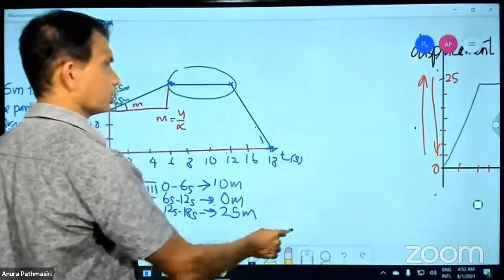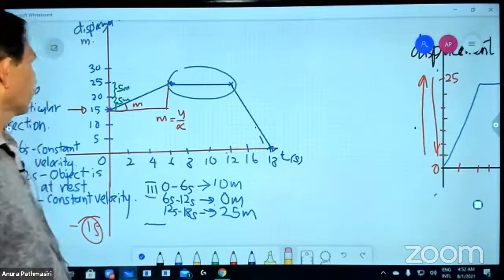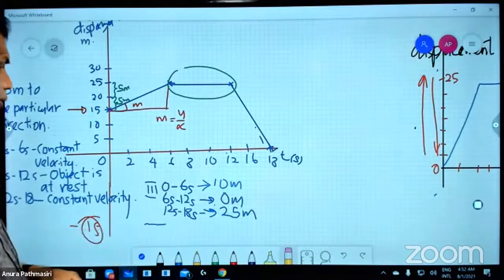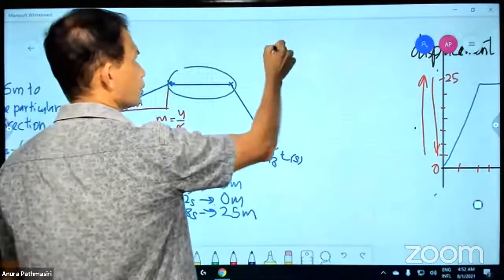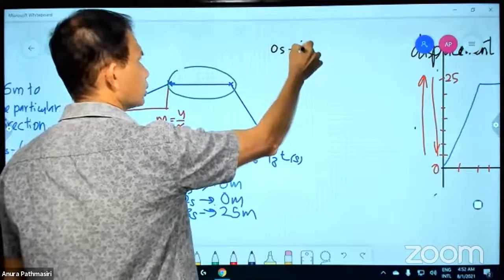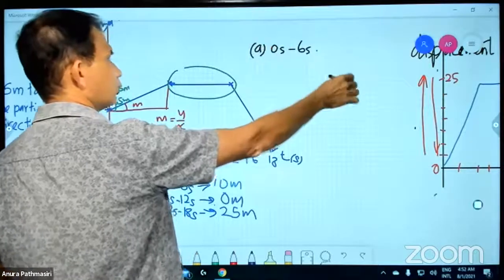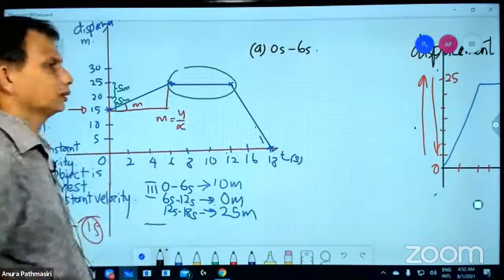I'm going to use this part to write the answer for that one. Magnitude from 0 second to 6 second. What is the magnitude? How can I find it?